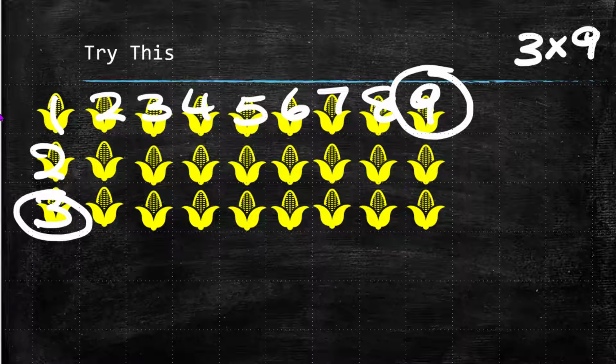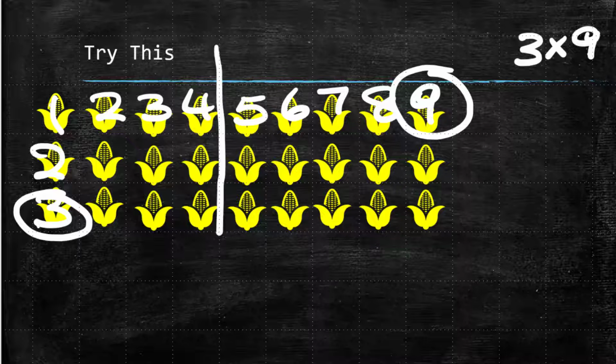But let's break it apart. 9 is an odd number, so I can't break it apart evenly. So maybe if I just go with 4, or I can go with 2 again. No matter how you break it apart, it will be totally fine. Let's break it apart right here.